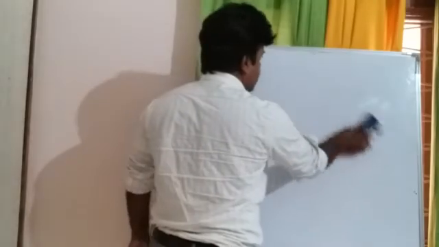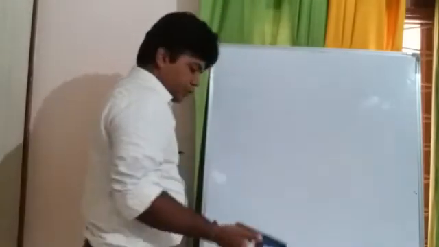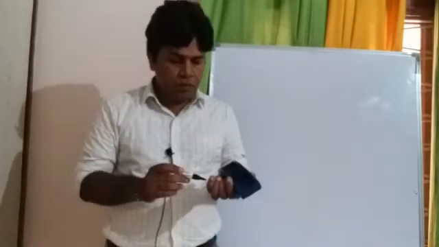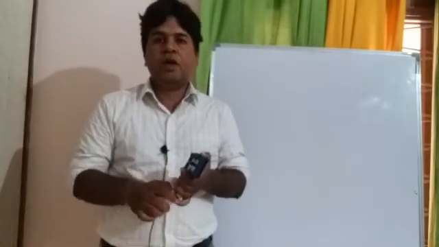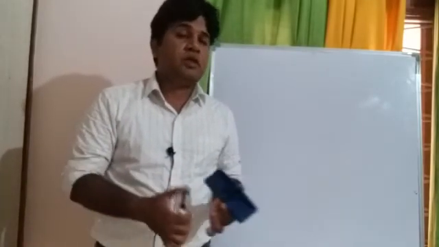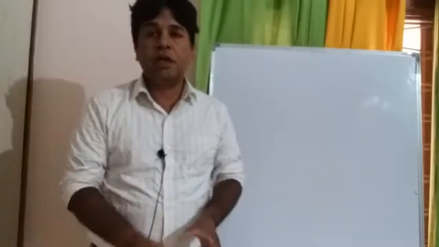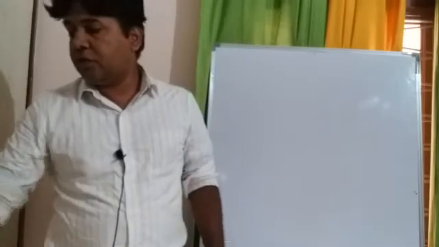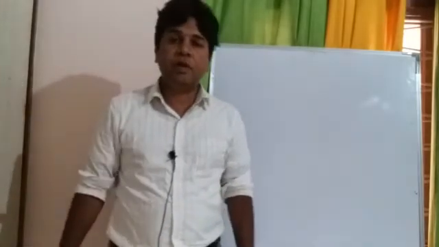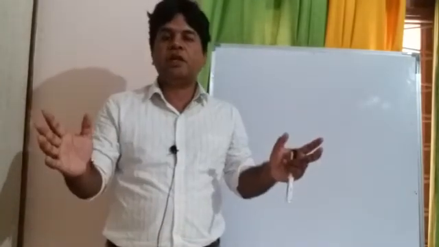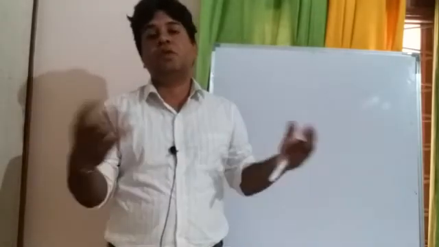You can classify the atmospheric structure. Whenever you are asked to classify the structure, the first thing you should ask is on the basis of which criterion, because if you change the criterion, your classification also will change.